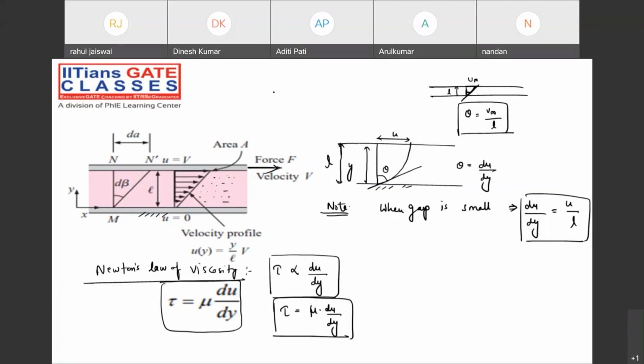When the gap is very small, even though the velocity profile is a parabola, you can treat it like a linear one. When the gap is large, only then can we see the complete velocity profile as a parabola. I'm not saying the velocity profile is always a parabola. It can be linear also, but the velocity profile can be uniform also.